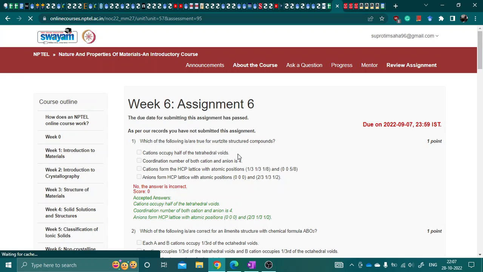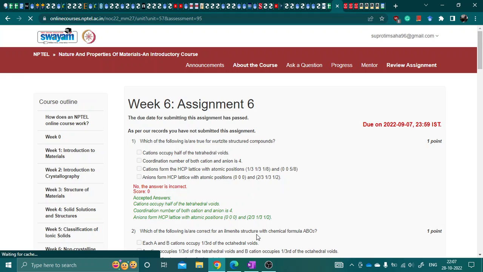For wurtzite structured compounds, the right answers would be: cations occupy half of the tetrahedral voids, that is A. Coordination number of both cation and anion is 4. And anions form HCP lattice with atomic positions 0, 0, 0 and 2/3, 1/3 and half.